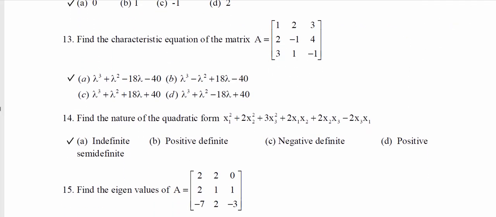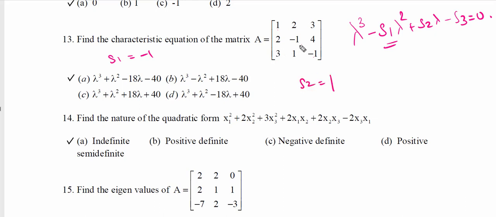Next, the characteristic equation. The characteristic equation for a 3 cross 3 matrix is lambda cube minus S1 lambda square plus S2 lambda minus S3 equals 0. S1 is the sum of the diagonal entries, 1 minus 1 minus 1, so the value of S1 is minus 1. S2 is the sum of the minors of the principal diagonal.